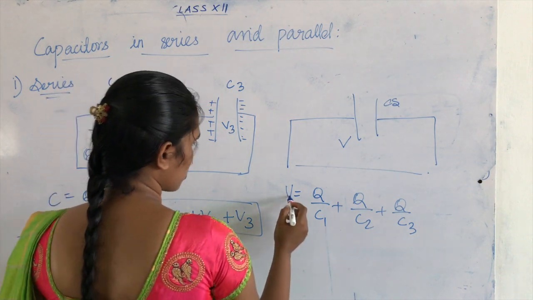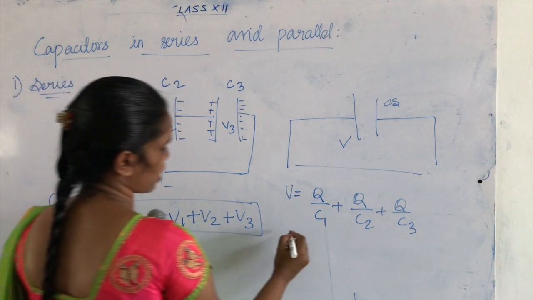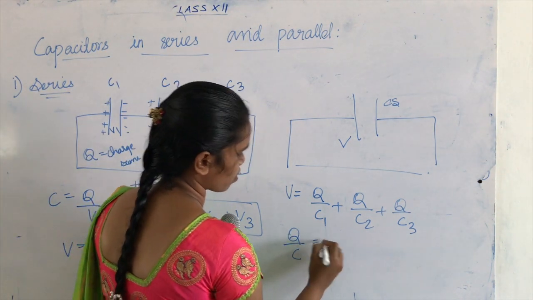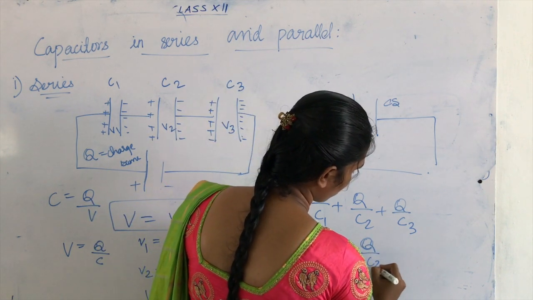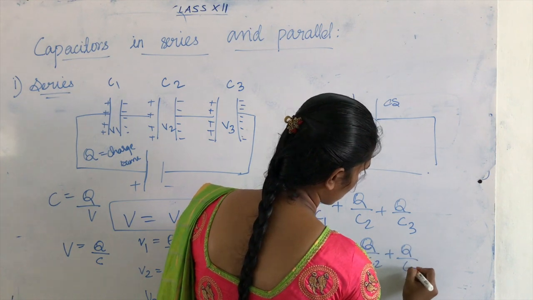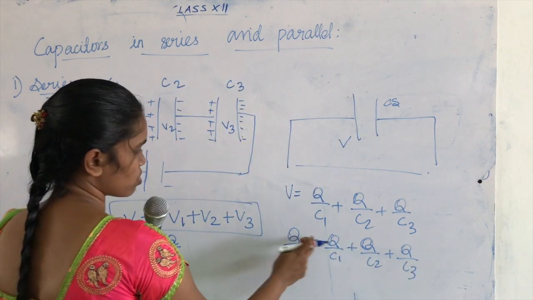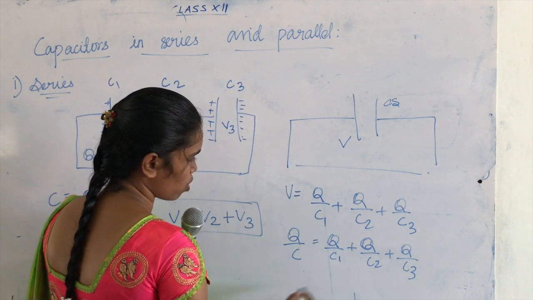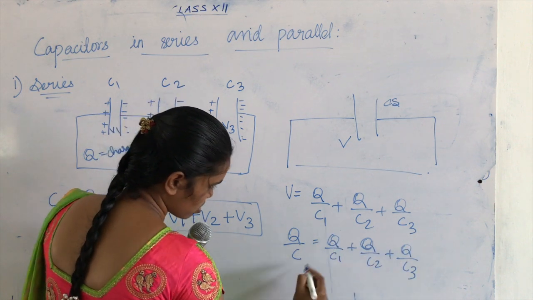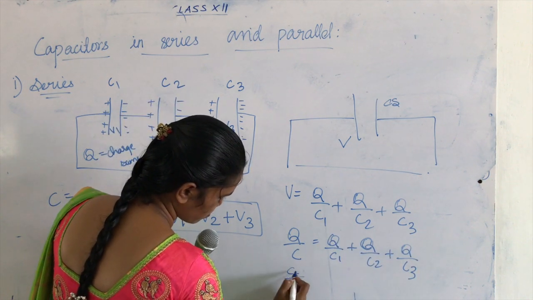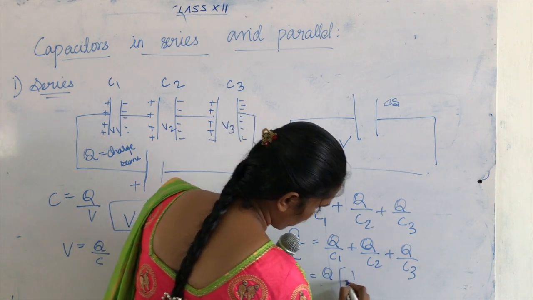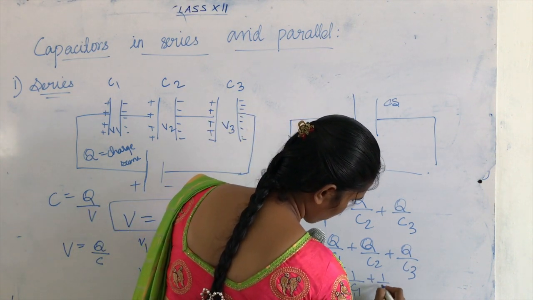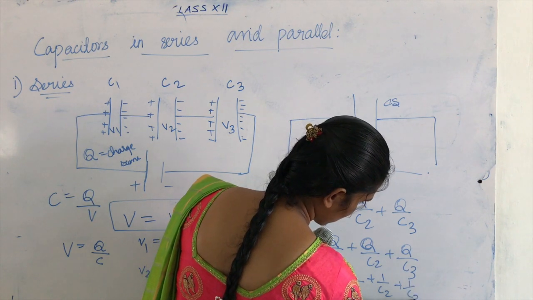Right? This V is what? Q by C. Apply Q by C. So Q by C1 plus Q by C2 plus Q by C3. Right? Now this Q is common, so we can take this Q outside: 1 by C1 plus 1 by C2 plus 1 by C3.